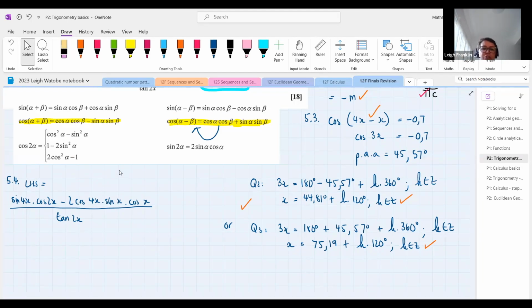Can anybody spot where our starting place needs to be? It's in the second term of the numerator, so I'll give you a hint there. Where do they actually want us to start with this question? Any ideas?